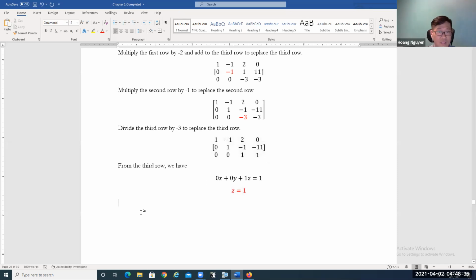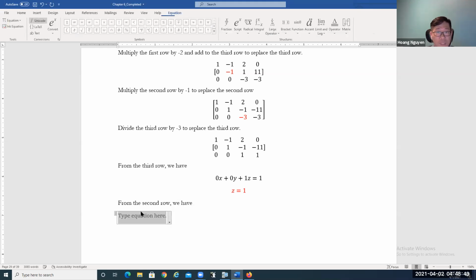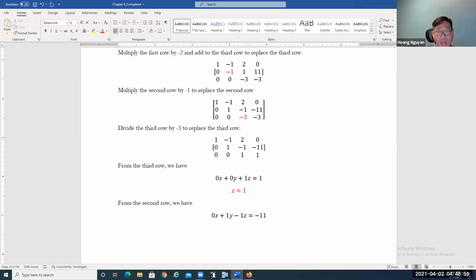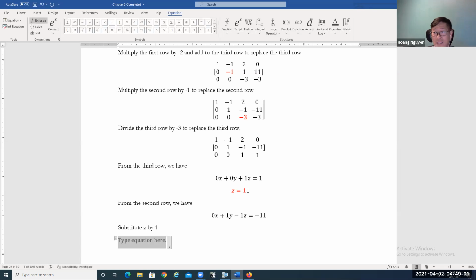From the second row, 0x plus 1y minus 1z is equal to negative 11. And we know that z is equal to 1, so we substitute z by 1. 0x is just 0, 1y is just y, minus 1 times 1, equals negative 11.